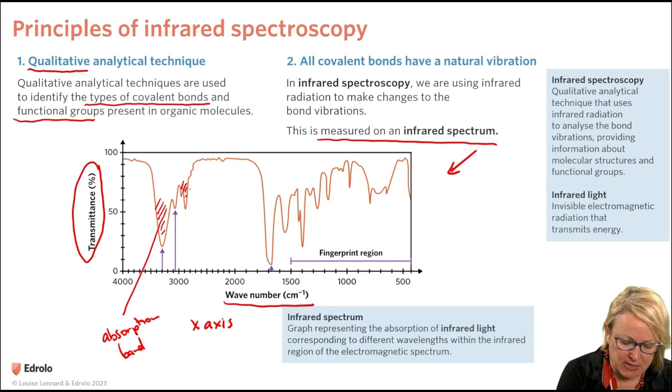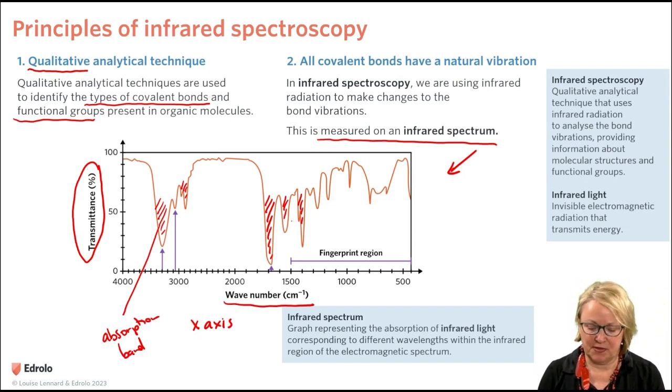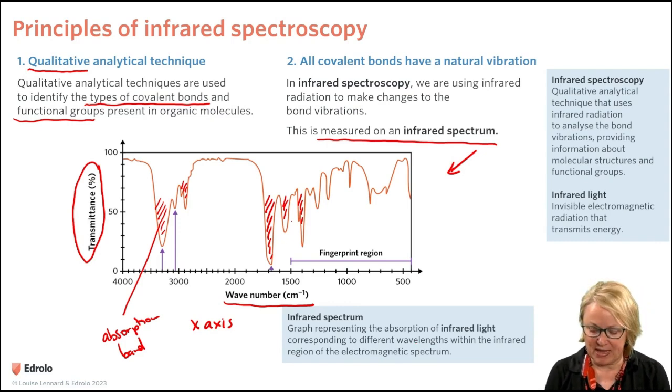There's another one here, and another here, and you can see other fragments. These are all absorption bands, and they're what's measured on the infrared spectrum. So it's a graph that represents the absorption of infrared light corresponding to different wavelengths within the infrared part of the electromagnetic spectrum.